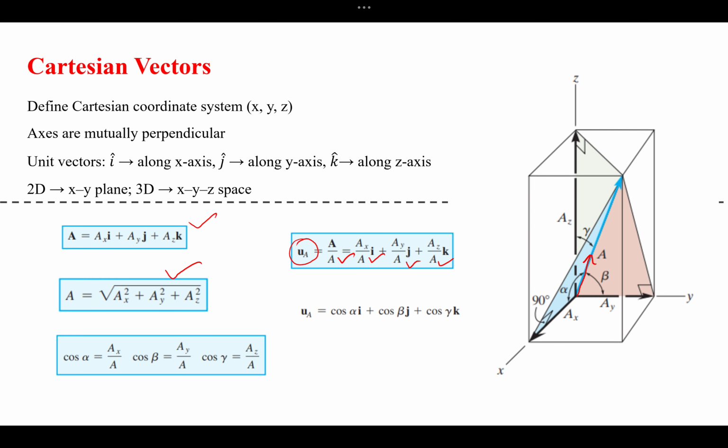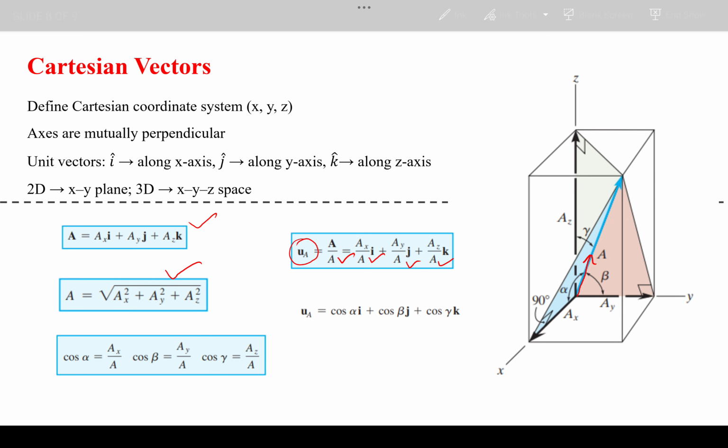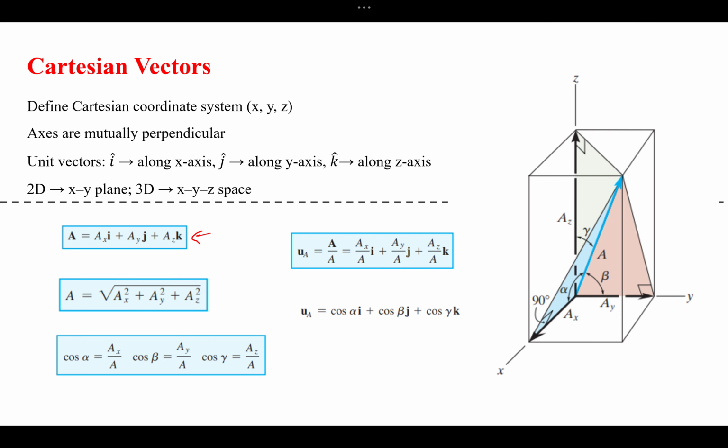After dividing the whole vector by its magnitude, you see these components come up to be your cosines: Ax divided by A, Ay divided by A, and Az divided by A.